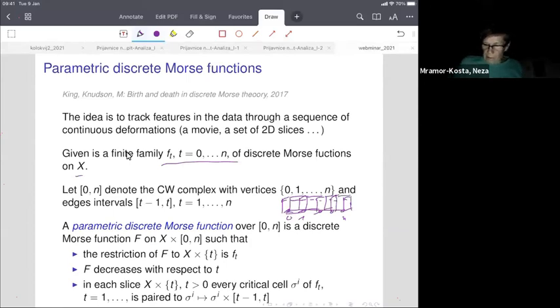On each of these slices, we have a discrete Morse function, and now we're forming a discrete Morse function on the whole thing, which has the property that the function values will typically decrease as t decreases. So this f has to have the property that its restriction to a specific fiber over one of these division points coincides with the given function f_t. And as I said, f decreases with respect to t. So the values on this slice over here are going to be smaller than the values down here.